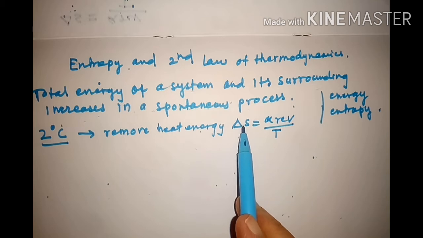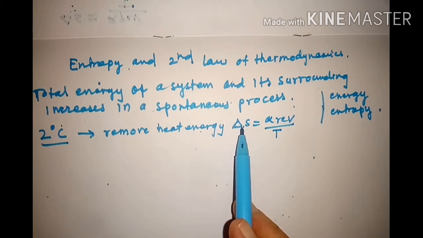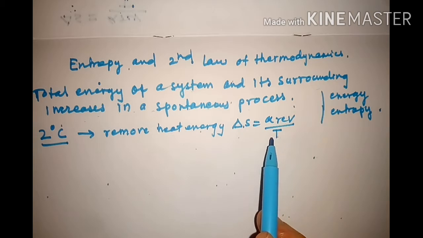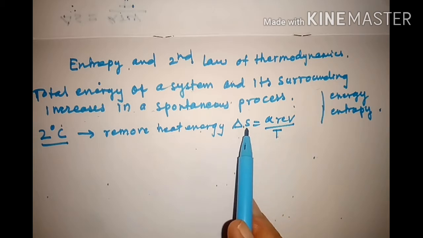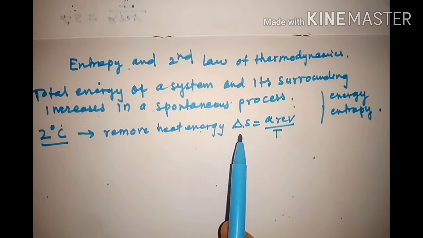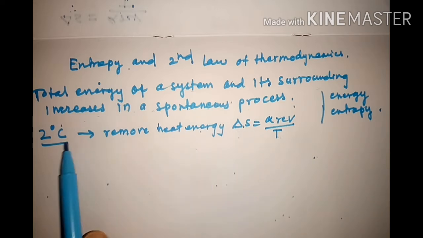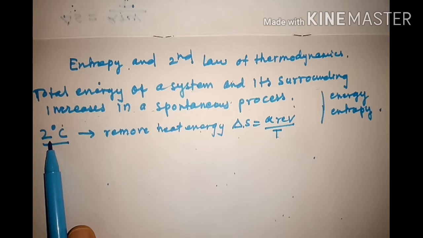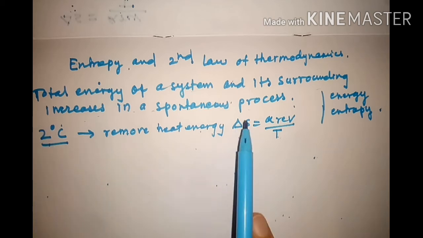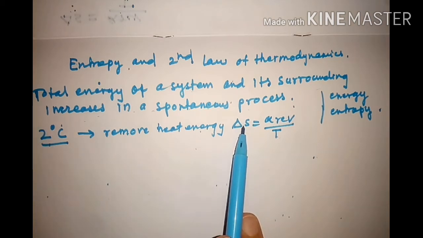Delta S is inversely related to temperature. So the delta S value will be greatly affected when you remove heat from the system at 2 degrees Celsius. It is already at a lower temperature, and from this lower temperature you are removing heat, so the delta S value will be greatly affected.